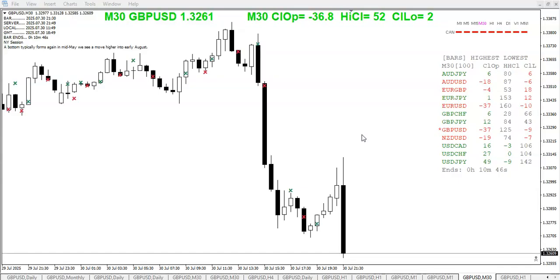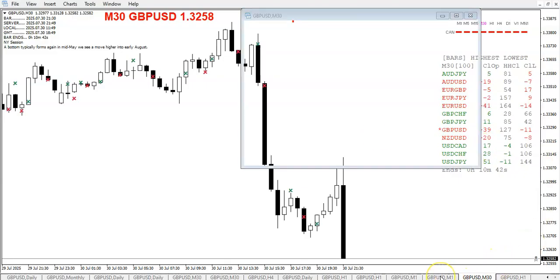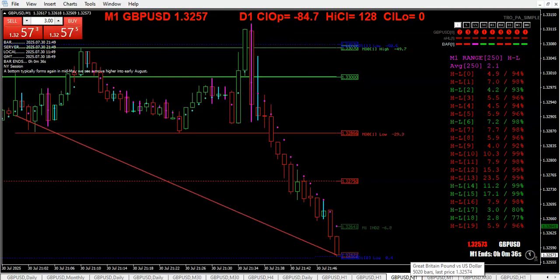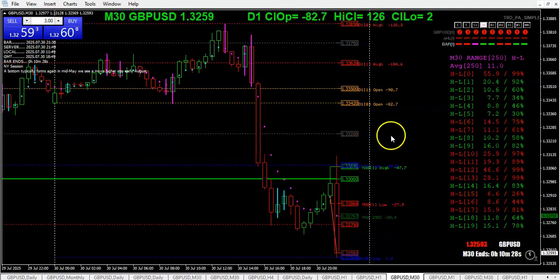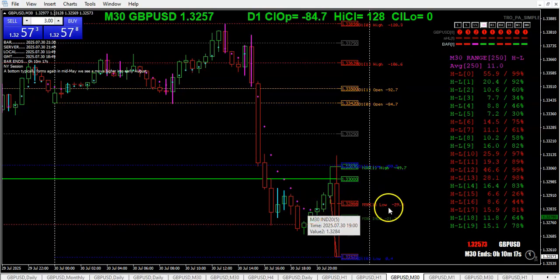Possibly you might even be able to pair it with indicator 2, which is the EMA 5. Let me switch this over to M30. Right here, you would have had a turn trade signal, but you were below indicator 2, which usually would mean exercise some caution in that trade.